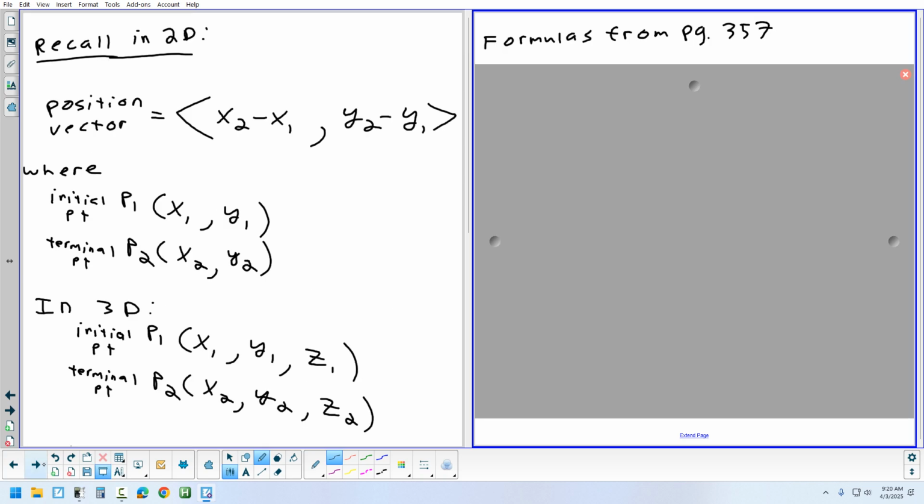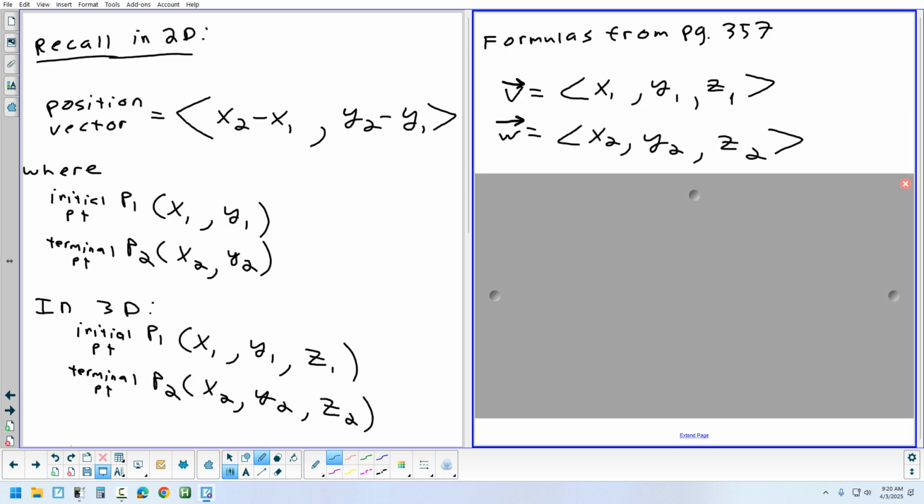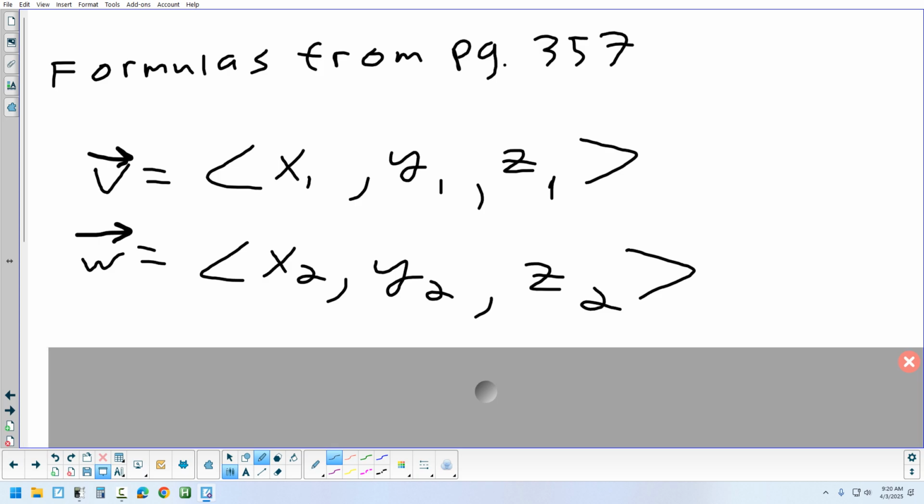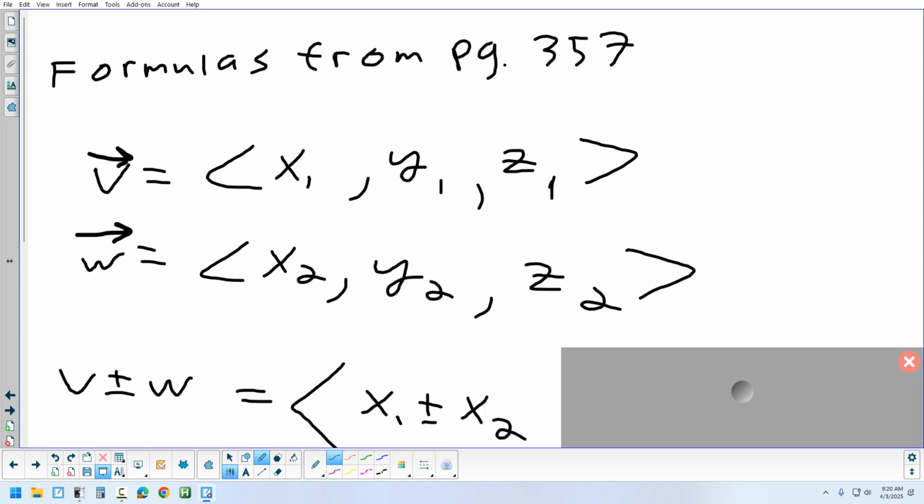Okay, so now some formulas from 2D, but we're going to extend them to 3D. In 2D, if I wanted to add or subtract 2 vectors, I would take the x-axis components and add them, take the y-axis components and add them.